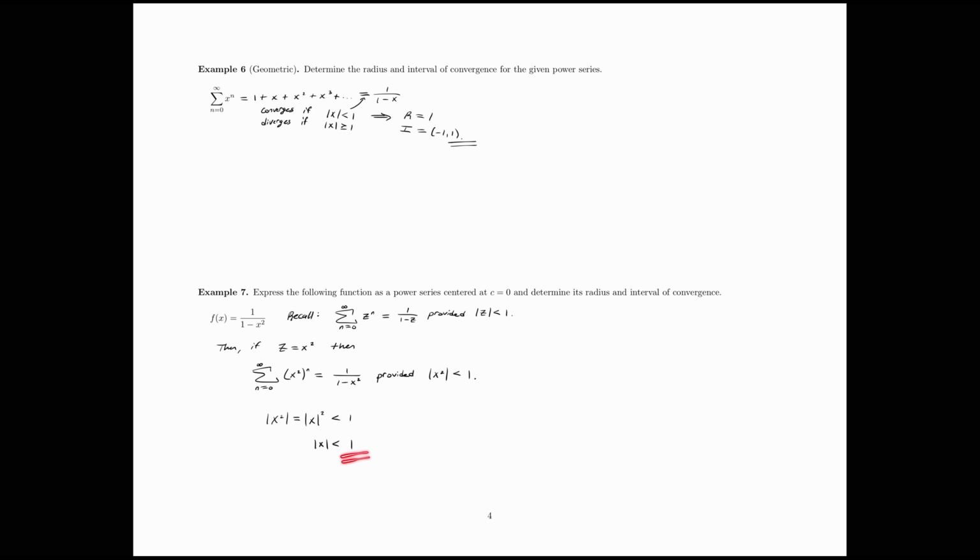So we end up getting the same thing here. And since, again, this is being interpreted as a geometric series, we know that it diverges when this is greater than or equal to 1. So this does give us that the radius of convergence is 1, and our interval of convergence is the open interval -1 to 1.